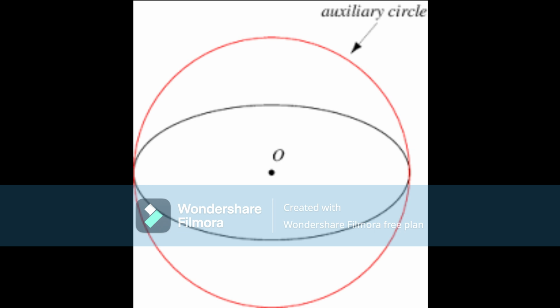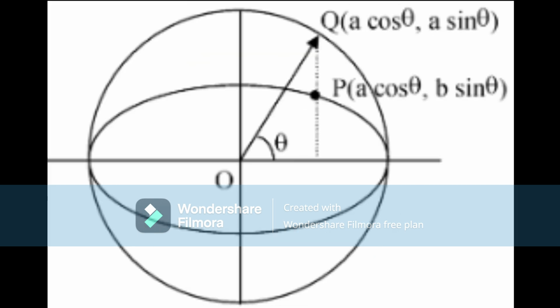Now, how does constructing this help us in finding the parametric form? It's because we define theta using the auxiliary circle. When we were defining theta with respect to the angle made by the point on the ellipse with the horizontal, that was causing us problems with the different components of a and b. But when we define theta with respect to the auxiliary circle, that is, the angle made by the line joining the center of the auxiliary circle to the boundary of the auxiliary circle with the horizontal, then we don't run into any problems.